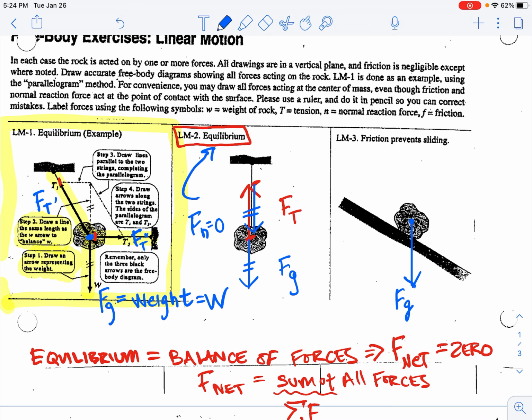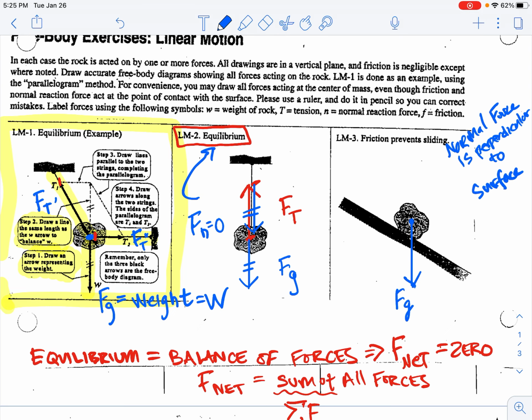Okay? Well, then there's the normal force, and this is interesting because the normal force always works perpendicular. The normal force is perpendicular, good word, to the surface that it's resting on.